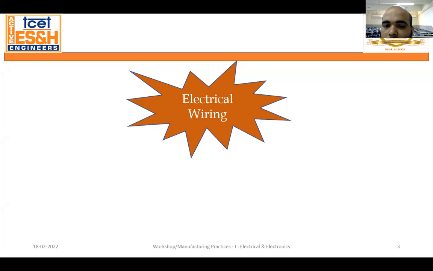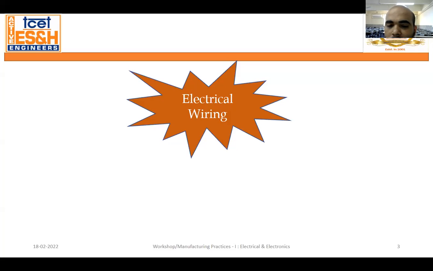So it is just connecting wires and cables between the electrical components and the main power supply.